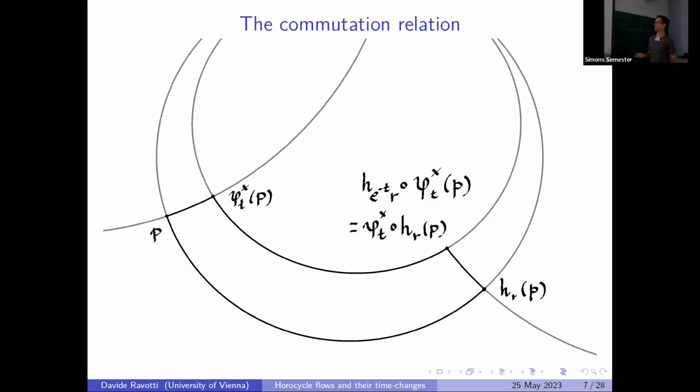Geometrically, this is what happens. You take a point P, and you can either flow in the horocycle direction for time r and then flow in the geodesic direction for time t, or you can first flow in the geodesic direction for time t and then flow in the horocycle direction, but for a much shorter time, for time e to the minus t r, if t is positive.